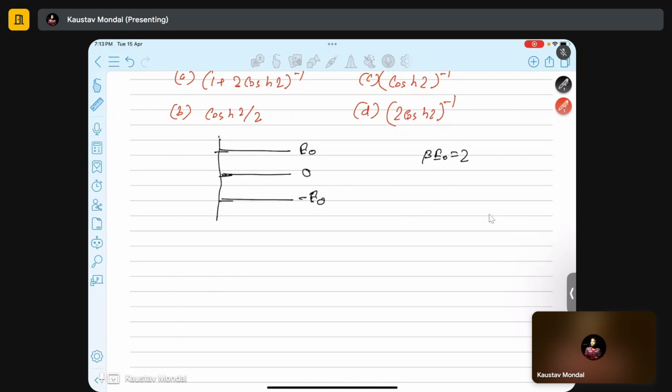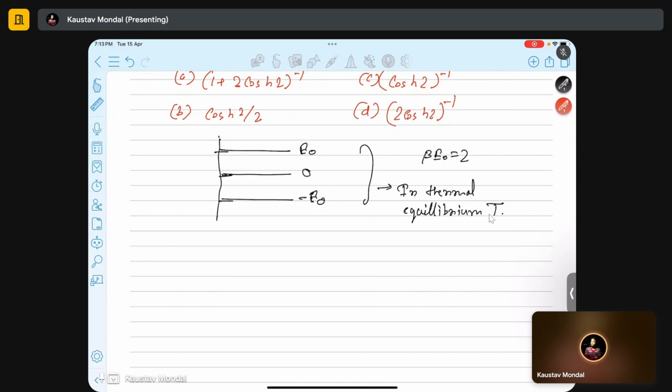We have to find the probability of being in the level E equal to 0.